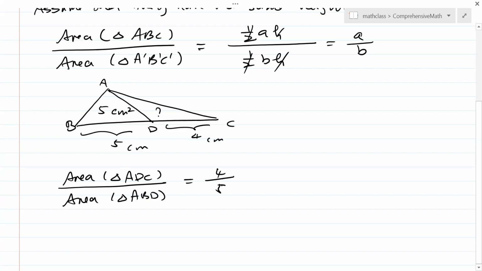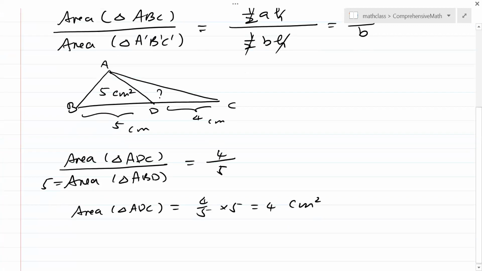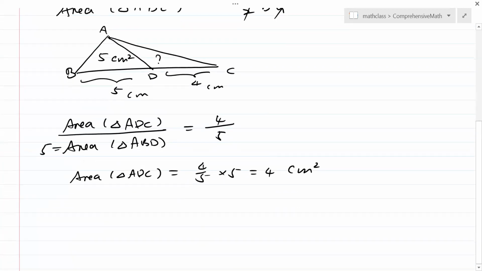But we know the area of ABD, so that's 5. Then the area of triangle ADC is going to be 4 over 5 times 5. That's 4 square centimeters. That's the easy part. This is the first problem.